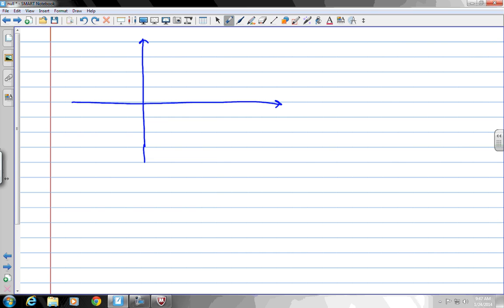So I'm going to make up a function that has the following points. -1, -2, goes through the origin, then has a point 1, 1, and has a point 2, 3, and has a point 3, 0. So bam, bam, bam, bam.